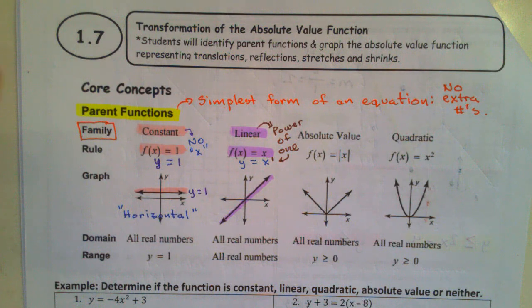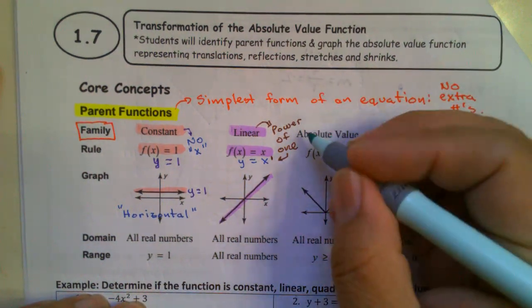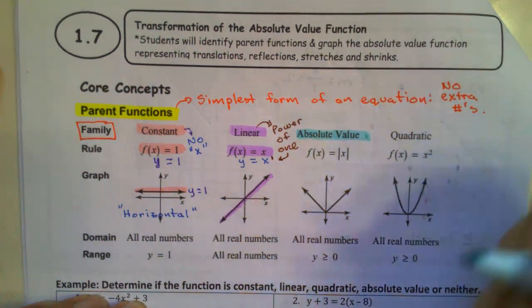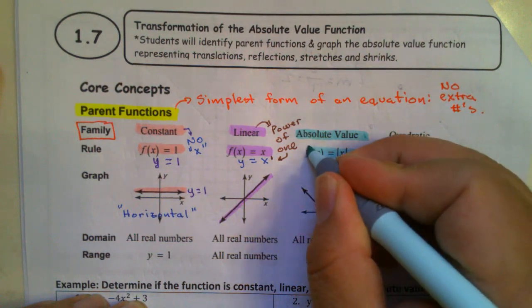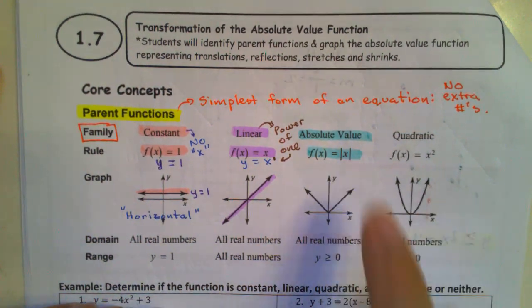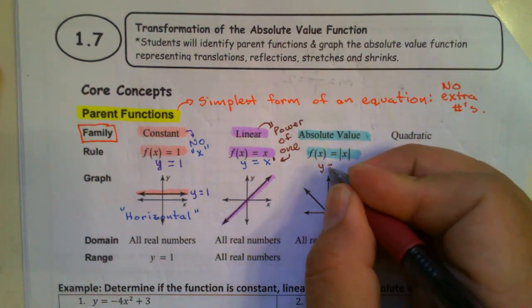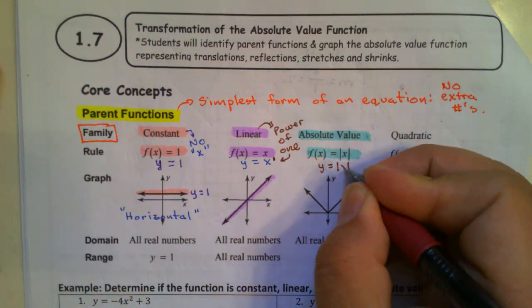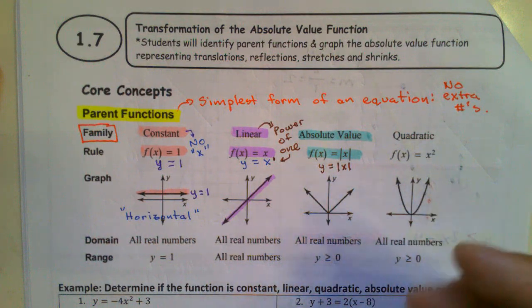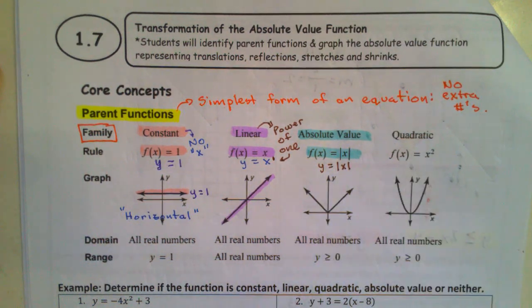Now, beyond that one, here's the one that we learned just the other day, the absolute value. The absolute value of x obviously is very recognizable because it actually has those bars written right next to it. So it says y is equal to, here come the bars, the absolute value of x. And just remember, the absolute value of x is always positive.